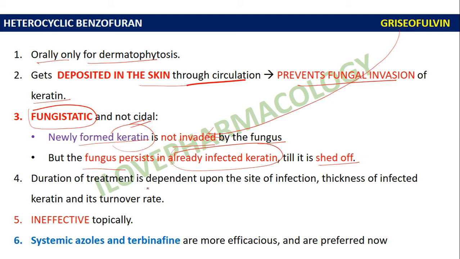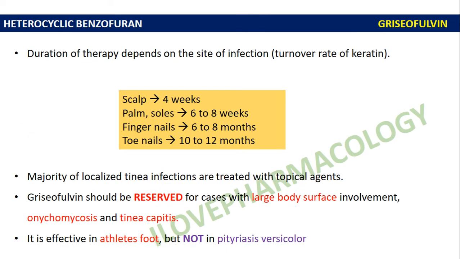The duration of treatment depends upon the site of infection, thickness of infected keratin, and its turnover rate. Remember, topically it is inactive, and nowadays the systemic azoles as well as terbinafine are more efficacious and more preferred compared to griseofulvin.